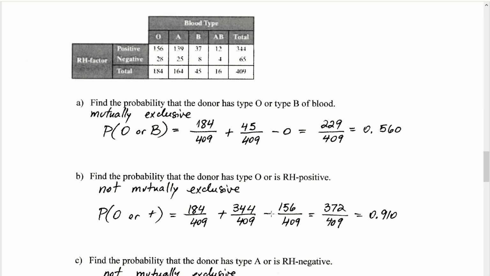But then we would need to subtract those that are both O and Rh positive. O and Rh positive, that would speak to these 156 individuals. So the probability of O and Rh positive would be 156 out of 409, for a total probability of 372 out of 409, which would be 0.910.